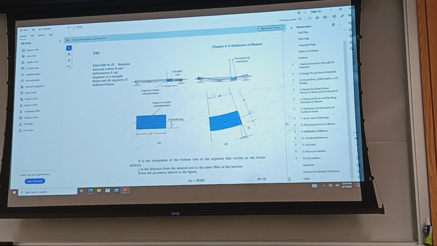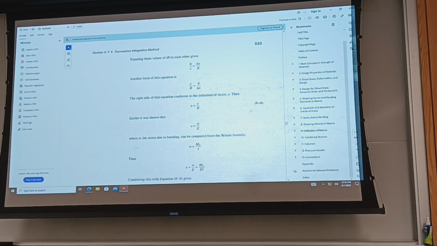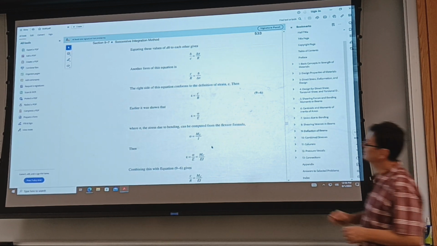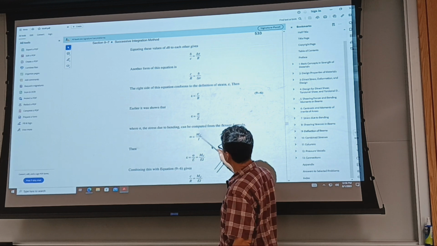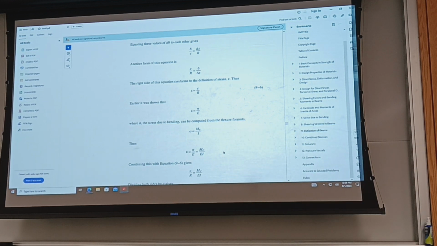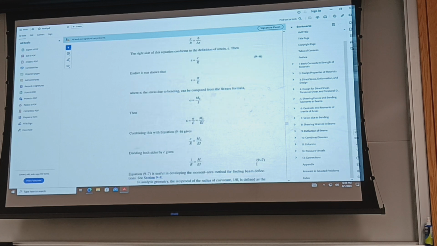So all combined together, the way the book shows, is the flexure formula that we know. There's a little bit of misleading notation here. This is not an index, it's just a multiplier. In the flexure formula we introduce strain from Hooke's law, and strain as a function of deflection, as a function of c and a rotation angle.